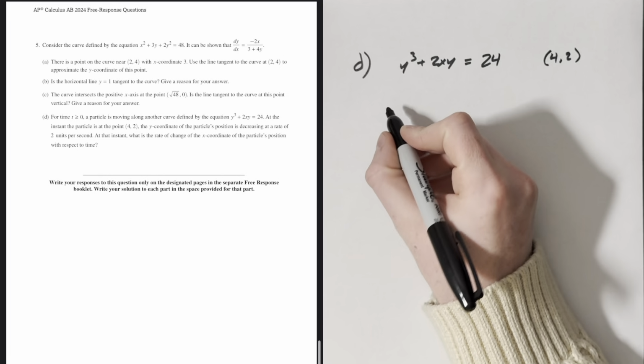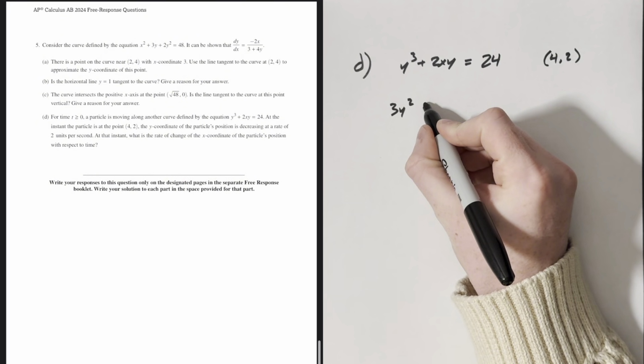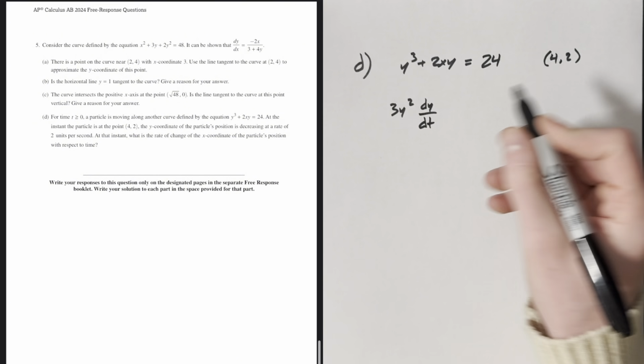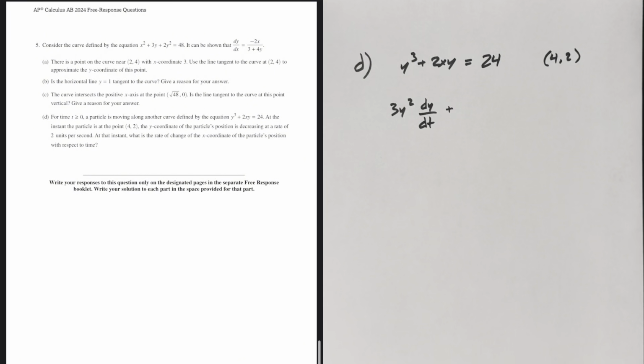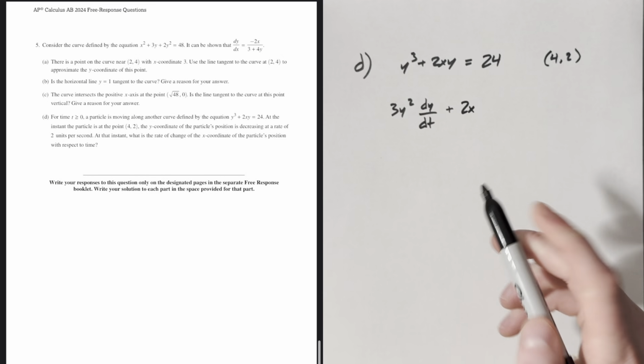So on this left side, we would get 3y squared, and then we multiply it by essentially the derivative of our inner function, which is dy/dt. So that's the derivative of the first term. This second term, we're going to have to use product rule because we have a function multiplied by a function.